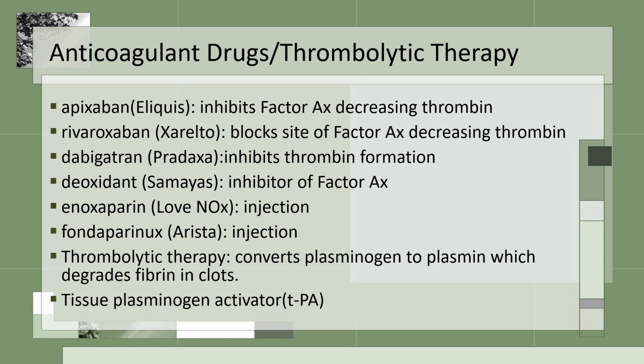Lovenox and Arixtra are newer injections that can also treat as well as prevent PEs. Thrombolytic therapy can actually treat PEs by busting their clots. It converts plasminogen to plasmin, which degrades the fibrin in clots, and this is TPA.